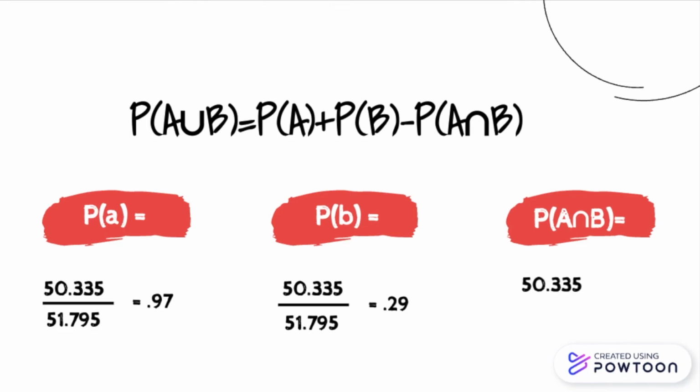To get P of A and B both occurring, we divide the number of cases that have been treated in hospital and healed by the number of total cases, and we get 0.28.